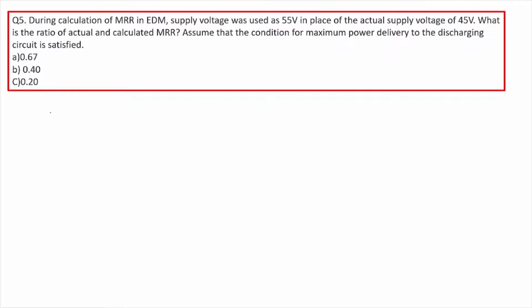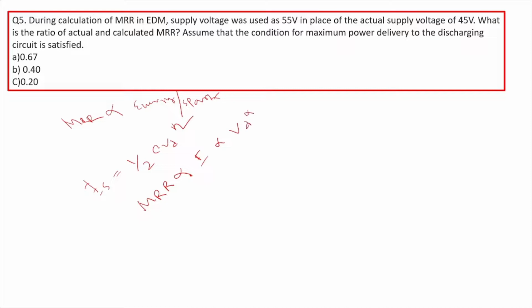Okay, so we have seen MRR is directly proportional to energy per spark. Okay, the equation, right? E S equals to half C V square, where C is the capacitance and V D is the discharge voltage. So MRR is proportional to E, proportional to V D square.